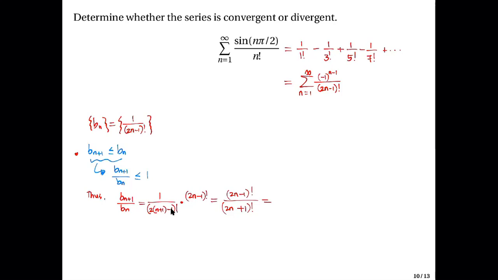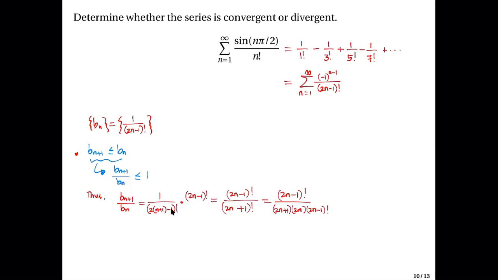Tapos, sulat lang natin, definition of factorial. Sa numerator, isulat pa rin natin siya as 2n minus 1 factorial. Yung 2n plus 1 factorial, it's just 2n plus 1 times 2n times 2n minus 1, and then we put the factorial here. Correct?